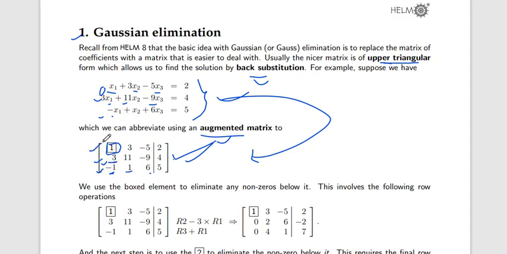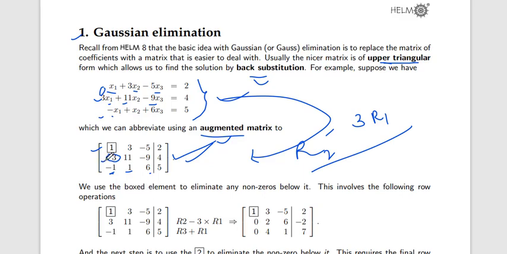So we take the first row and first column, and transform the elements below into 0 by row operations. So how do we do it? To make the 3 into 0, we multiply the first row by 3 and take the difference: R2 minus 3R1.